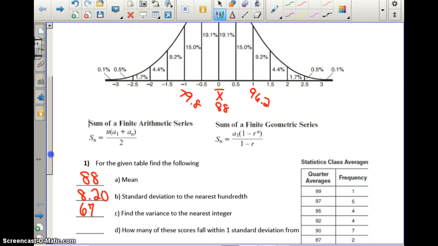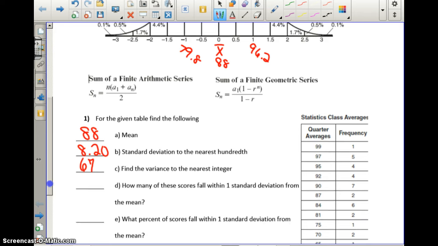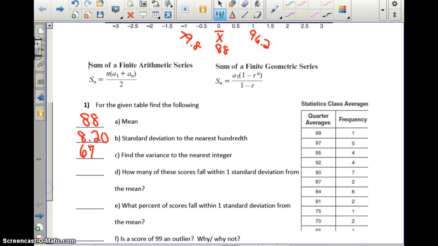Now that will tell me on my chart that I need to be looking at this set of values. And if I add up all those numbers, I come up with 25 scores are one standard deviation from the mean.